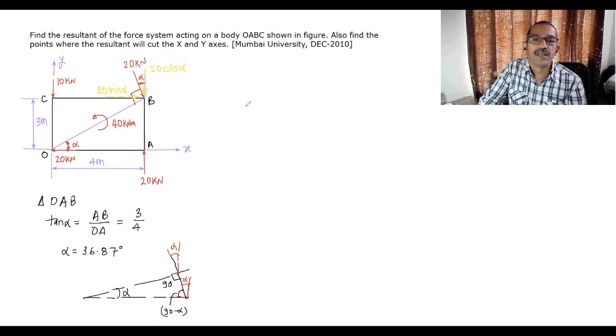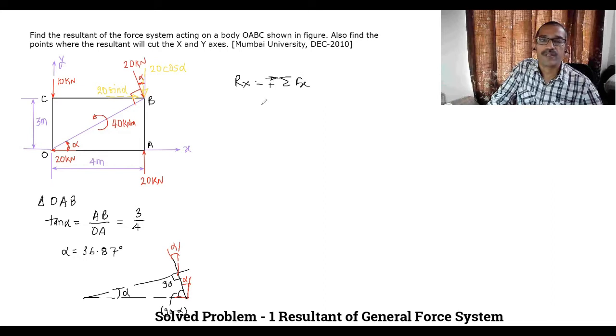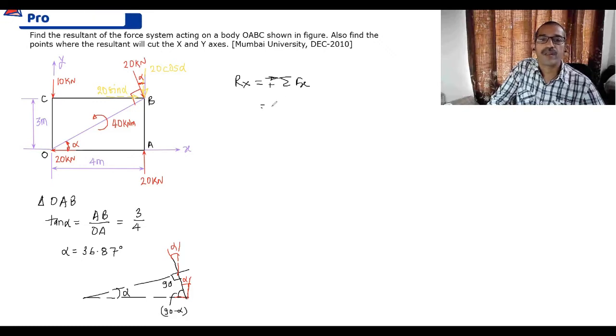We can apply the Rx, Ry equations. The first equation we apply here is Rx equal to summation of Fx, assuming rightward force is positive. Now, which components are in the horizontal direction? The component of this 20, rightward, plus 20 sin alpha, where alpha is 36.87.